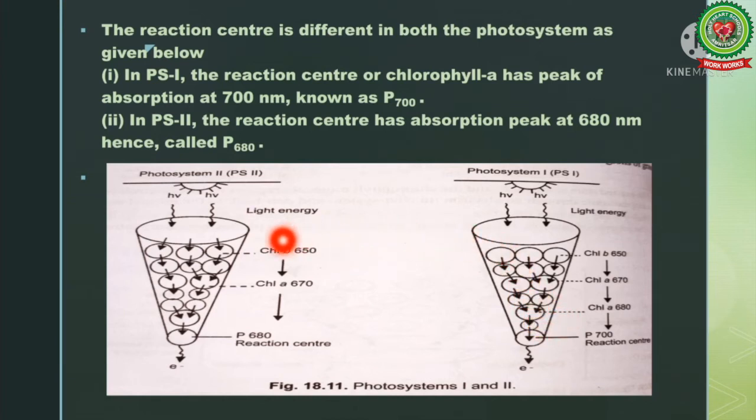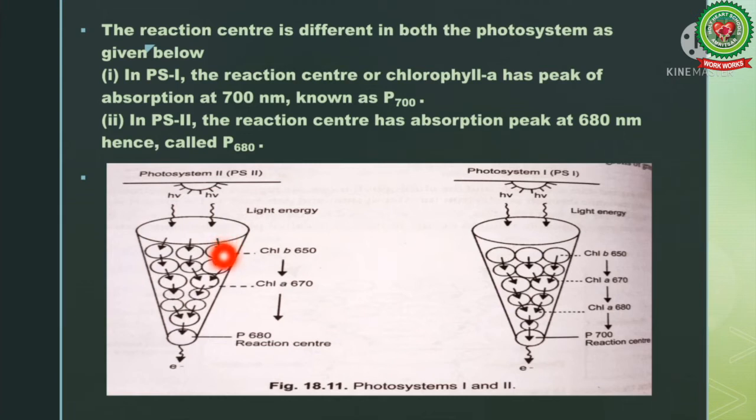Now if we talk about photosystem 2, it is involved only in non-cyclic photophosphorylation. Photosystem 2 donates electrons to photosystem 1, where NADP is reduced. This system is responsible for the photolysis of water and involves the evolution of molecular oxygen.